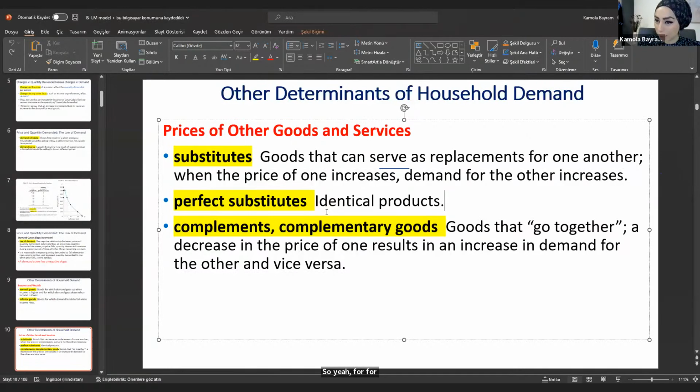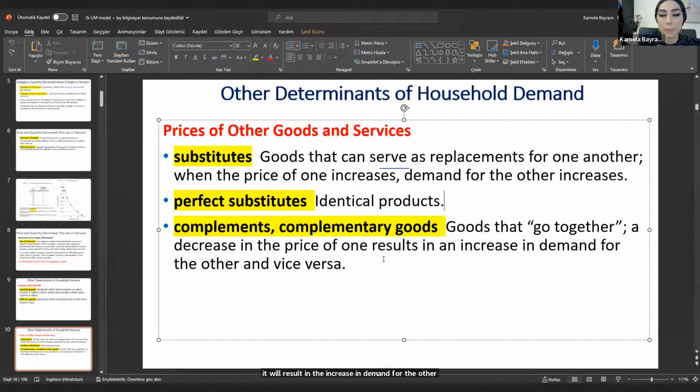Now, when we look at substitutes, let us recall again: when the price of one increases, the demand for the other increases, right? But here, when there is a decrease in the price of one, it will result in an increase in demand for the other.